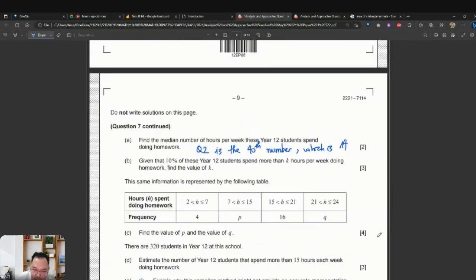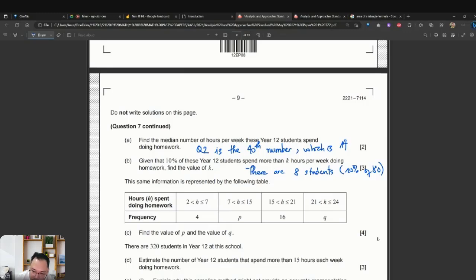The first mark is saying that there are 8 students, the number which is 10% of 80 students, spending more than that.